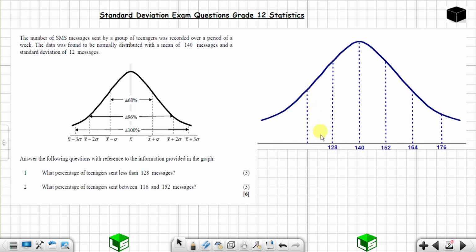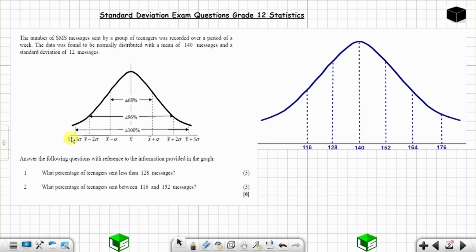And 2 standard deviations to the left of the mean, you are going to subtract 24 from 140, or 12 from 128. You are going to have 116. So this is 2 standard deviations to the left of the mean.